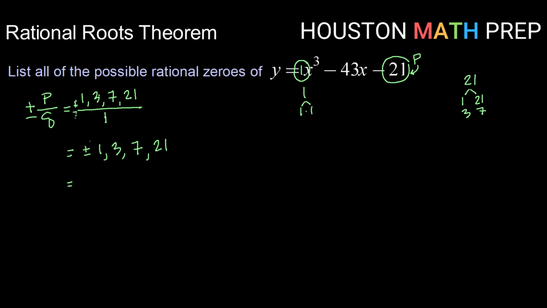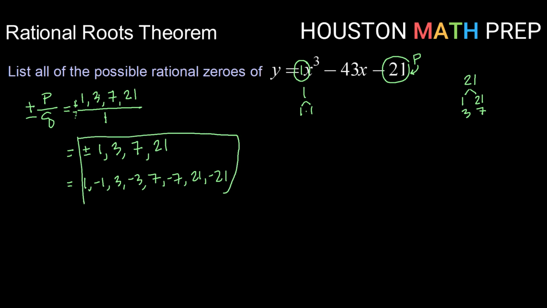So that means if we split up the plus and minus, we have 1 and negative 1, 3 and negative 3, 7 and negative 7, 21 and negative 21. Now, that's still 8 values, but what we find is that if there are rational zeros of this polynomial, they must come from this list of 8 numbers.